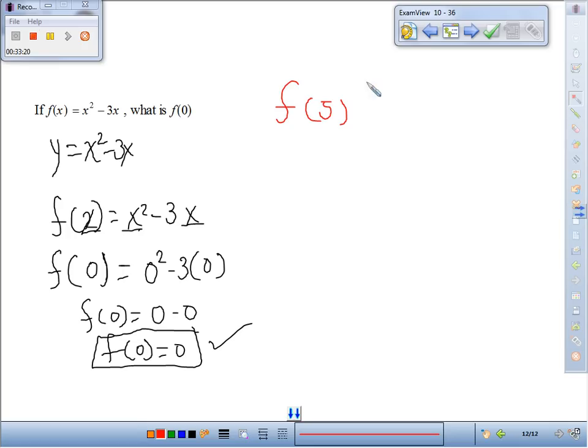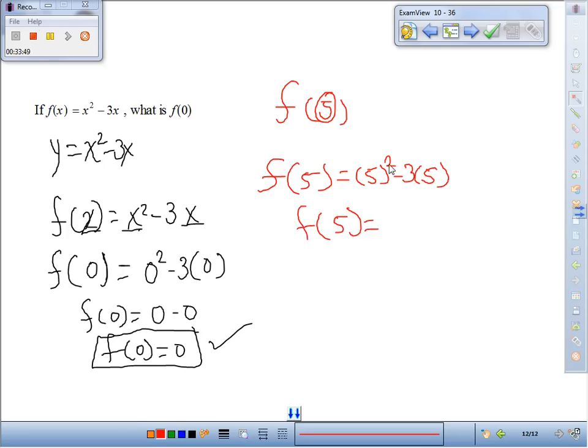So let's do that one together. So what we need to do, we rewrite this, but instead of x's, what do we write? 5. So we write f of 5 equals 5 squared minus 3 times 5. F of 5 is, what is 5 squared? 25 minus 15. So f of 5 is what? 10.